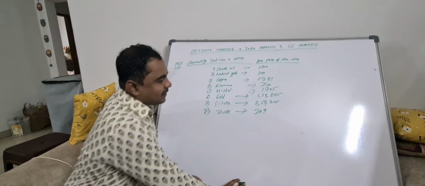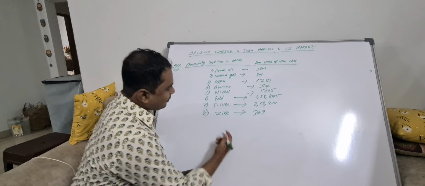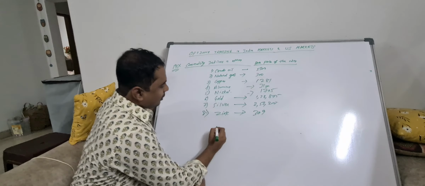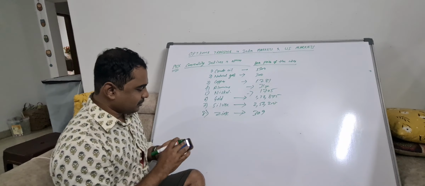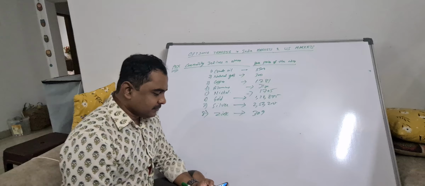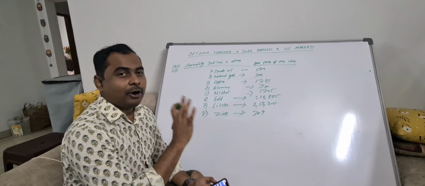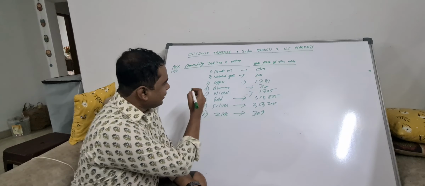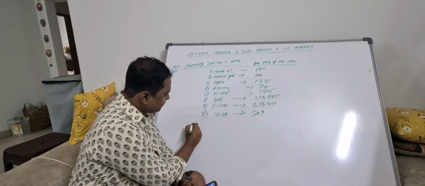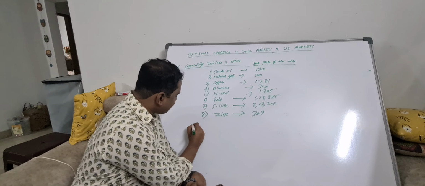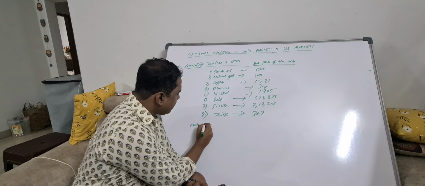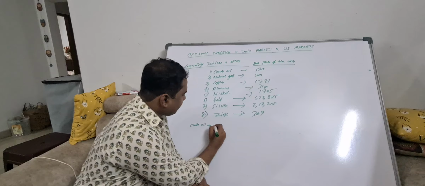If you want to take a trade in here, let's say for example crude oil, I'll open the crude oil contract. I'm just teaching how you can trade in options. So crude oil, the contract is 5,300.